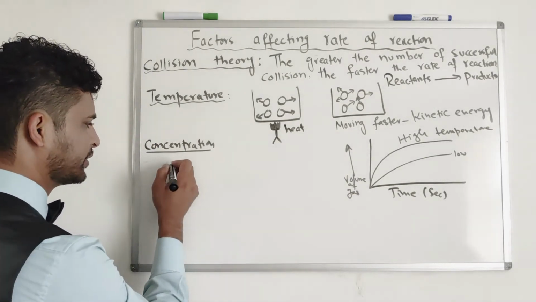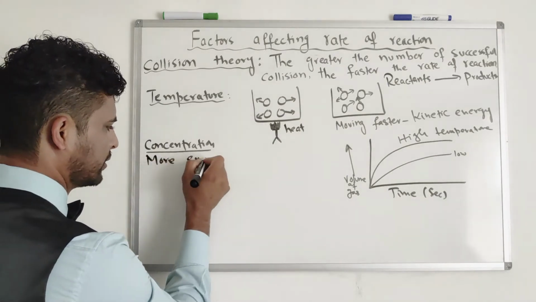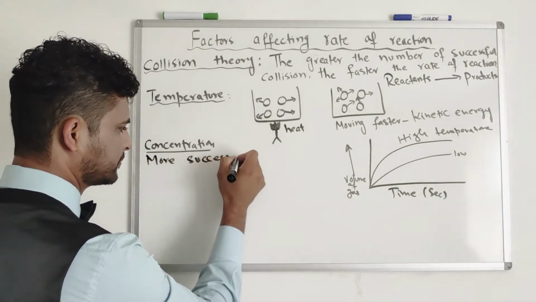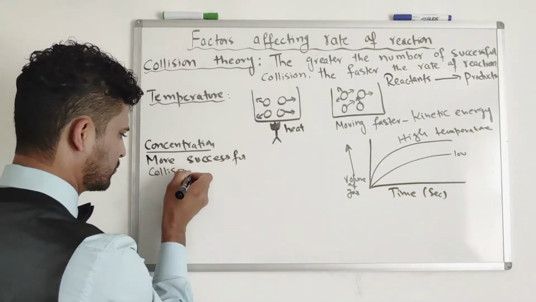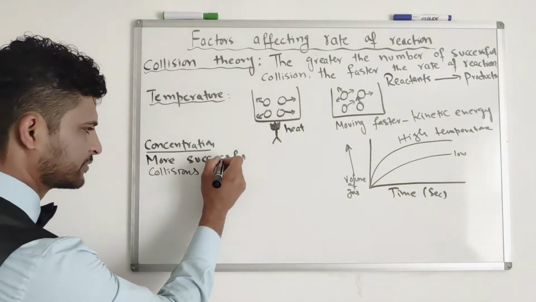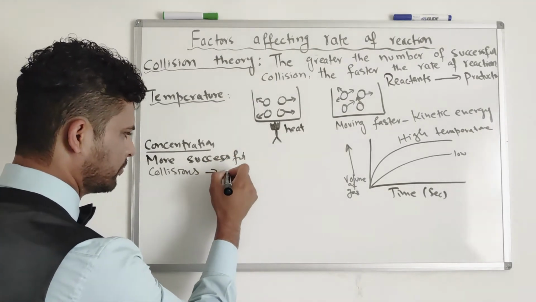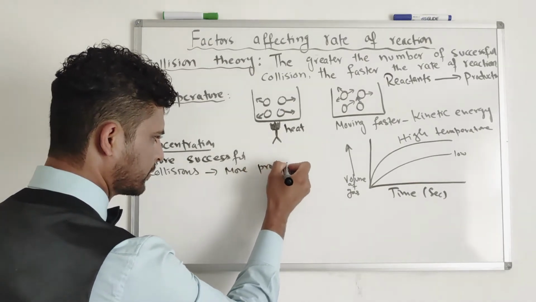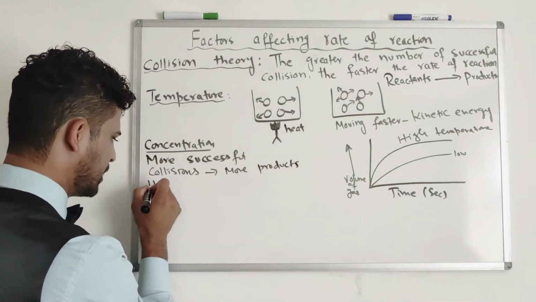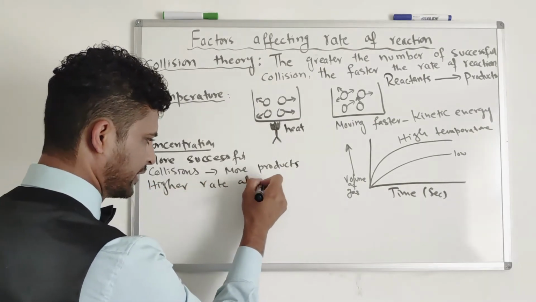Now the concentration: if you increase the concentration, you have more successful collisions. If you have more successful collisions, then you are going to have more products made, meaning a higher rate of reaction.